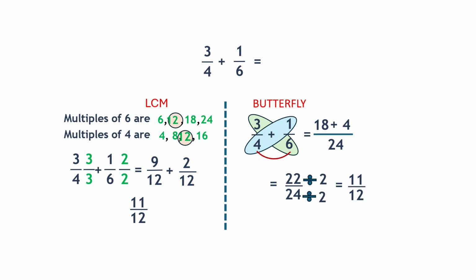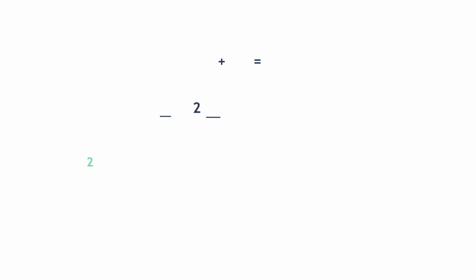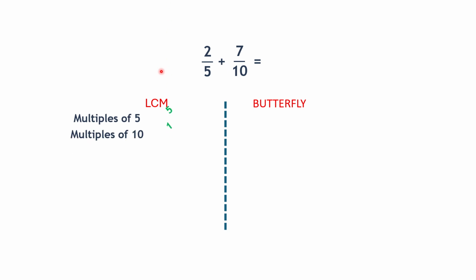Now, let's have a different example. 2/5 plus 7/10. Just by looking at it, we know we can make this a denominator of 10. So multiples of 5 are these, multiples of 10 are these, so the first common one is 10.